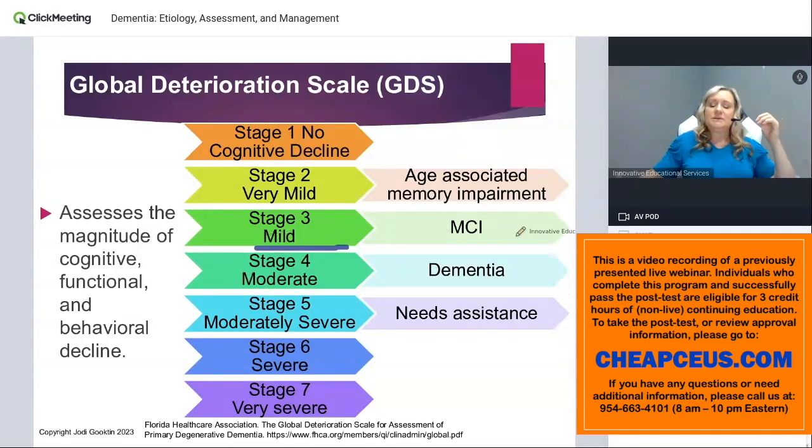As individuals seem to move between stages four to five, in this transition, you're going to see an increase in disorientation for that individual. They're going to get lost more. And as someone goes from a stage five to stage six, that's where we're significantly going to see agitation increase. And I think it's important for us to know what's next so we can participate in planning.